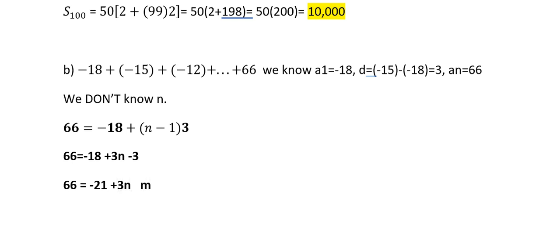We will move the negative 21 to the other side and get that that is 87 equals 3n. We will divide by 3 to get that n equals 29. So now we know n.